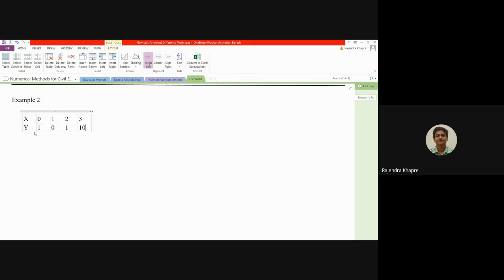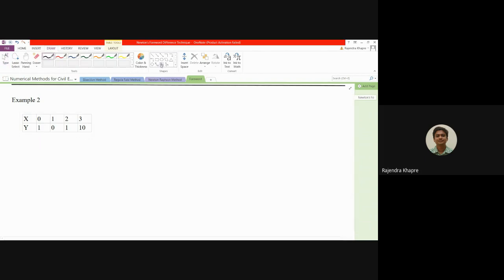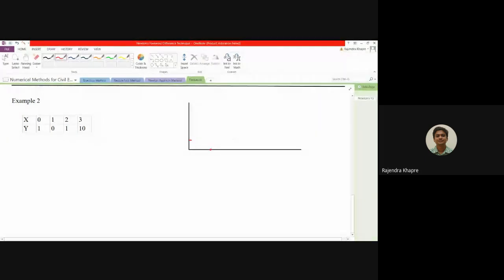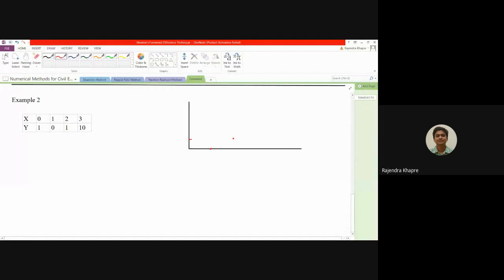Okay, so if you plot a curve of this particular expression, it may look something like this. Here we have the value of y as 1 over here. Then the value is coming 0 over here, then the value is 1 over here, and for 3 the value will be very high, that is 10.